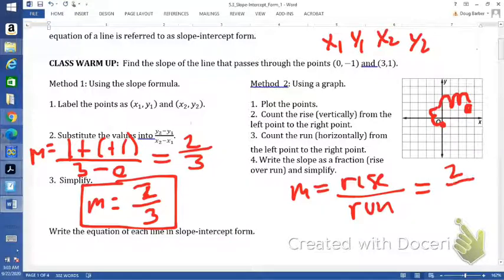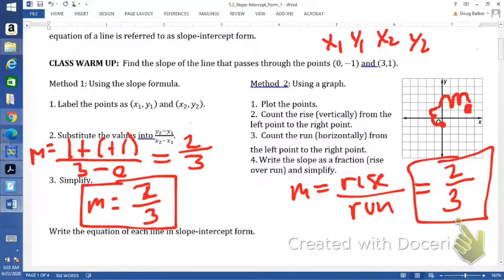So we went up 2, we went to the right 3. Since we went to the right, that's also positive, so as you can see we get the same slope of 2/3.